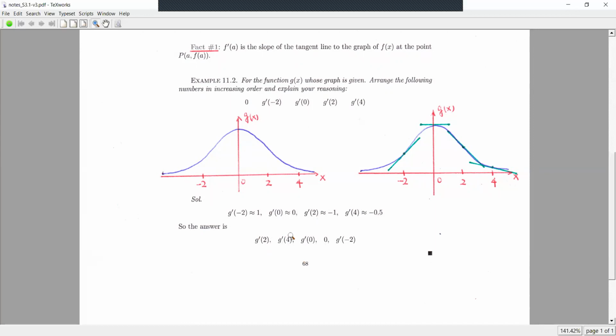And the third smallest number is the derivative at 0, which is 0. Put this number here. The largest number is the derivative at -2. It is about 1. So this is the answer to this example.